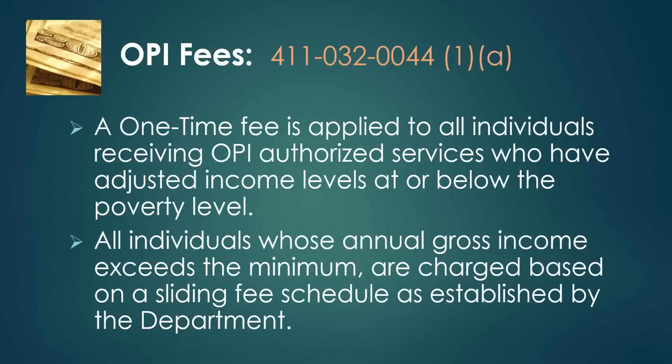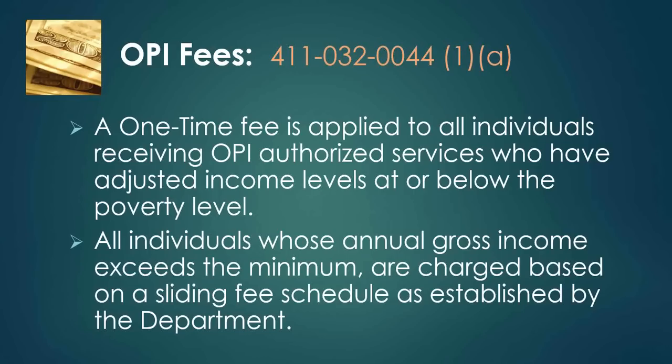It also says that all individuals whose annual gross income exceeds the minimum are charged based on a sliding fee schedule as established by the department. So it's DHS that establishes the sliding fee schedule. It's published, and it's usually published through a transmittal.